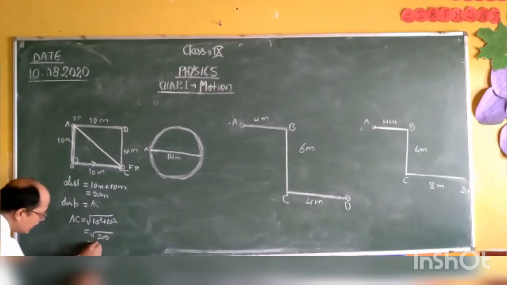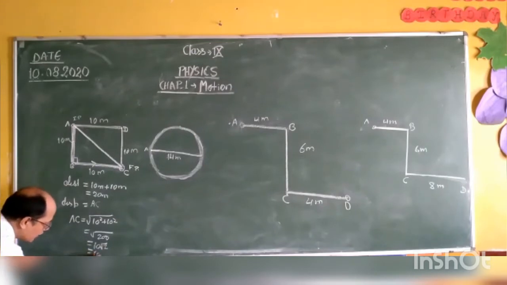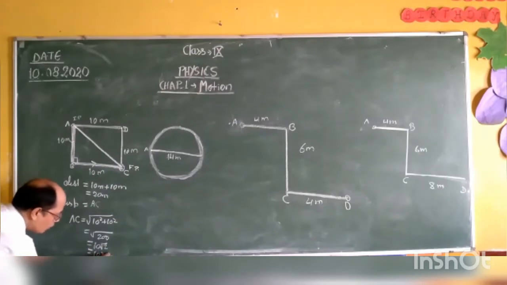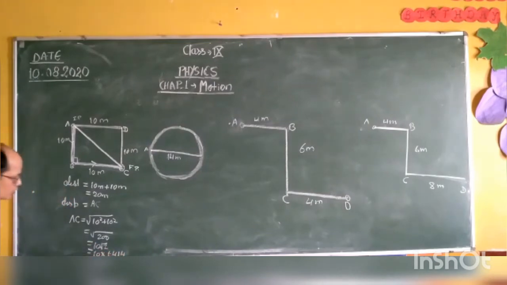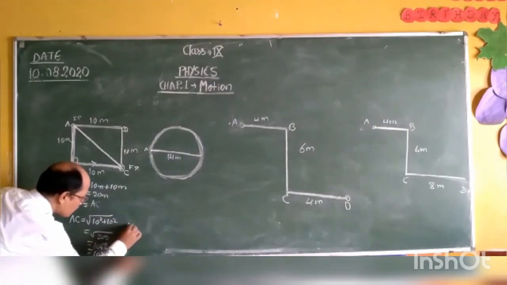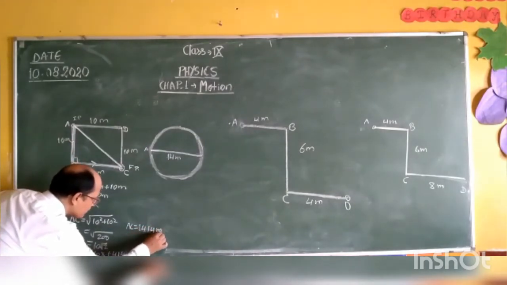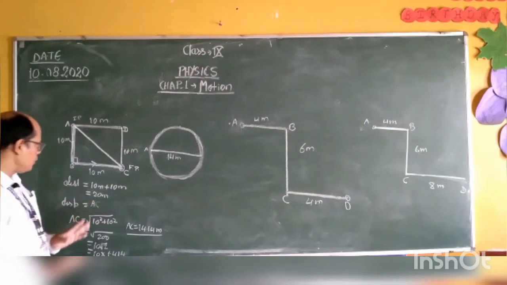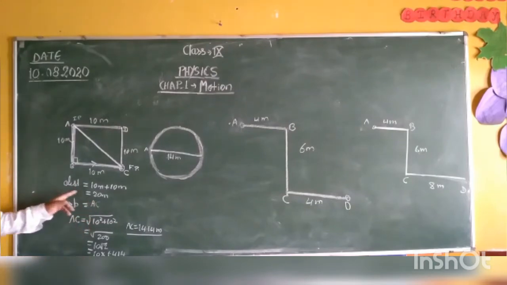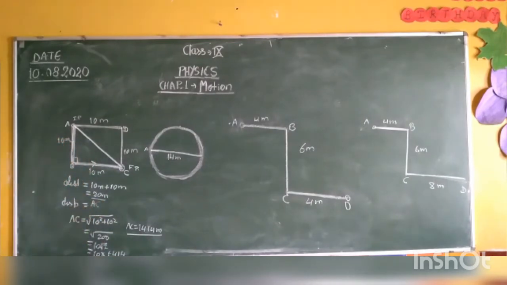It will be 10 root 2, equals 10 into 1.414. So the AC will be 14.14 meter. The displacement will be 14.14 meter, whereas the distance will be 20 meter in this case. Both are different from each other.